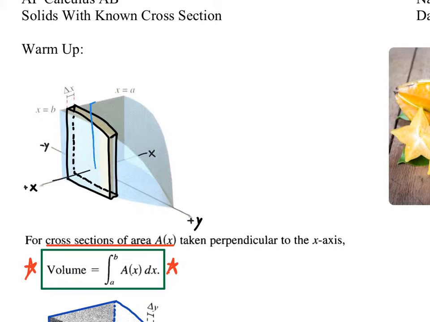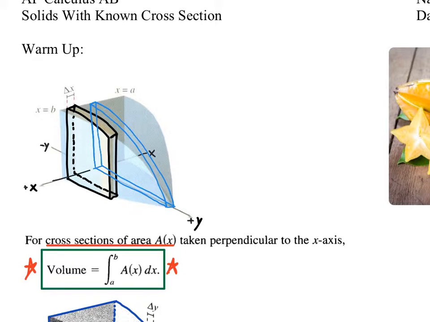Okay, so for example, here's a delta x when x is here, and if I go this way, notice the cross-section is actually going to look like this. Okay, so you see it does have the same shape in general here, but it's a much different size because our x value has changed.